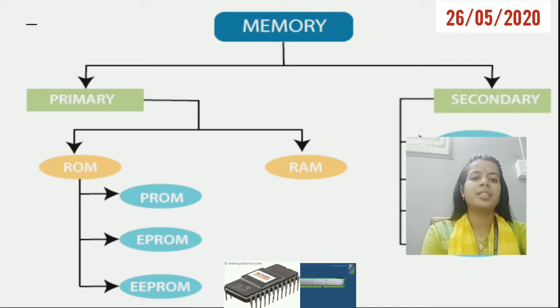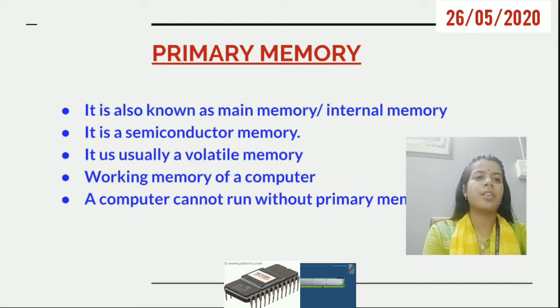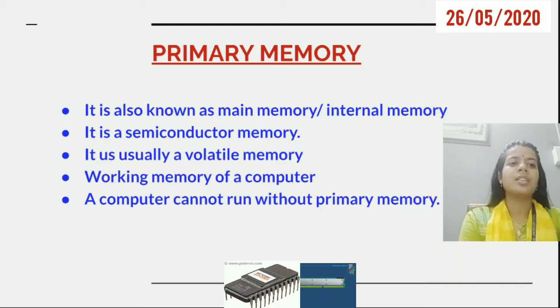Okay, so what are the characteristics of primary memory? Primary memory or internal memory is the part of the computer which stores data temporarily during execution. Alright, and it has limited capacity and the data is lost when power is switched off.